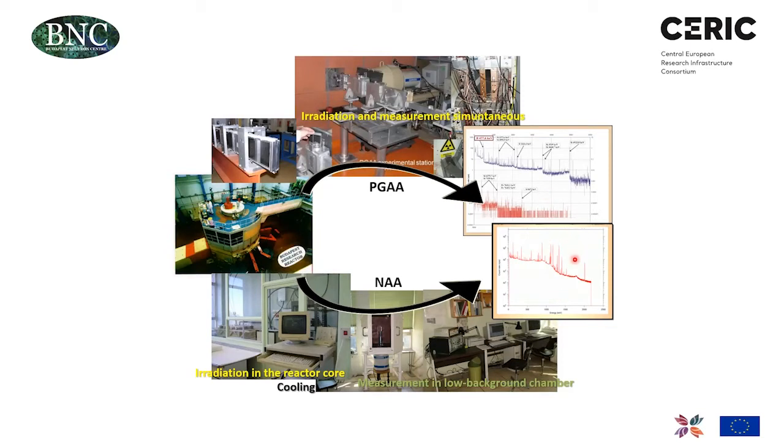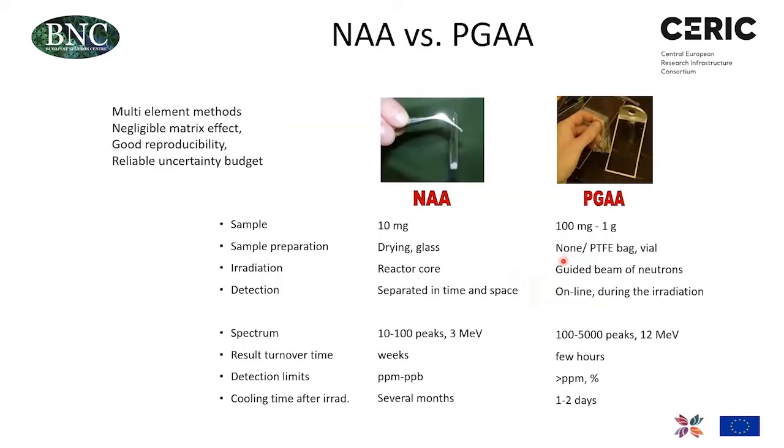So these are two independent ways to do element analysis by neutrons, and they are more or less complementary to each other. So NAA needs much lower sample mass and relatively easy sample preparation, because we typically put the powder sample into a glass vial, and this goes to the reactor for irradiation.